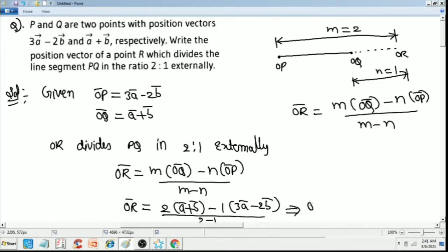So from here OR bar is equal to 2a minus 3a, minus 3a plus 2a is minus a bar. Next 2b plus 2b is 4b. So minus a bar plus 4b bar. This is the final solution.